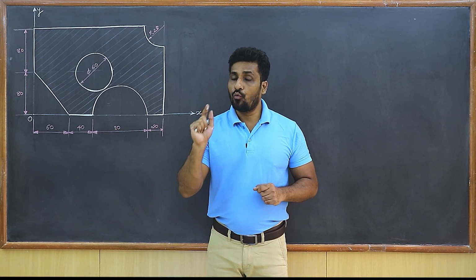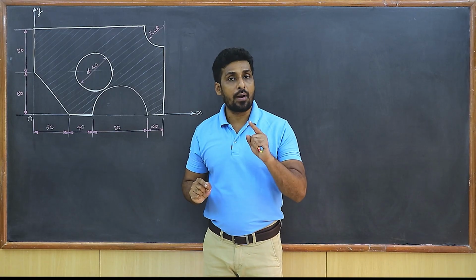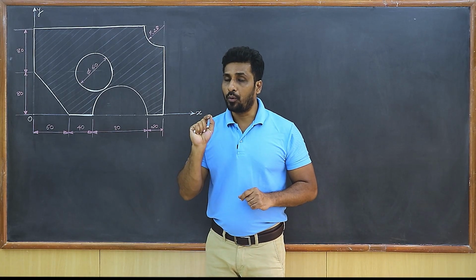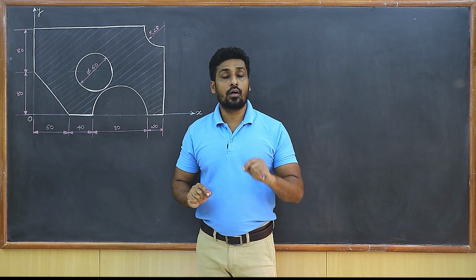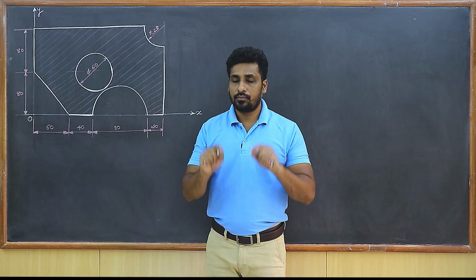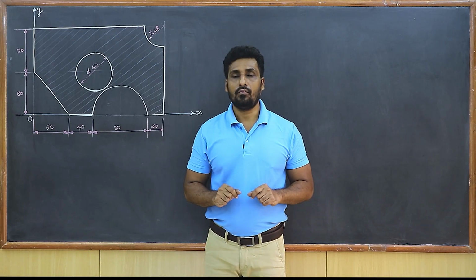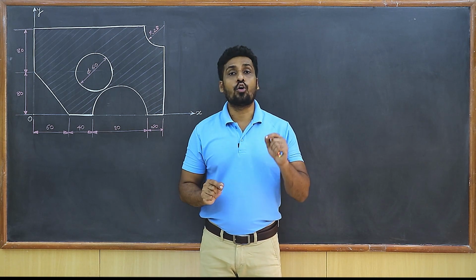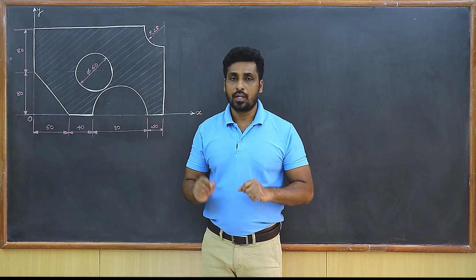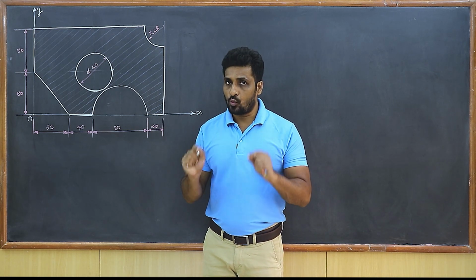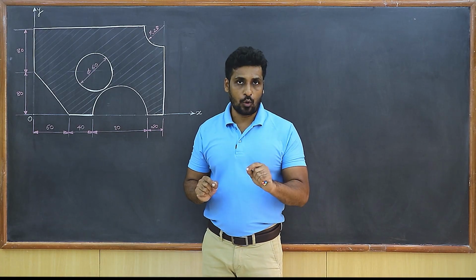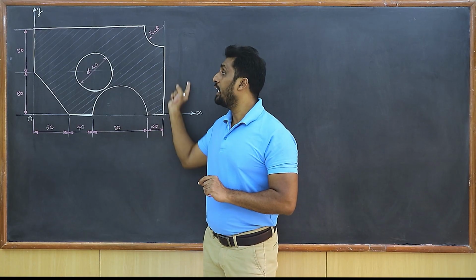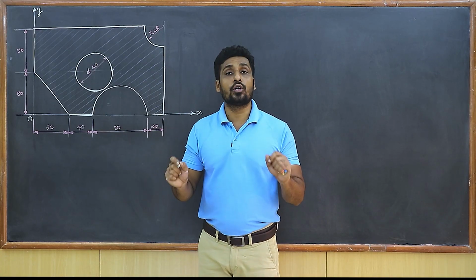Now students, this is a very important note that you want to remember. Whenever you are solving any particular question, as far as possible, try to keep the entire composite shape in the first quadrant.